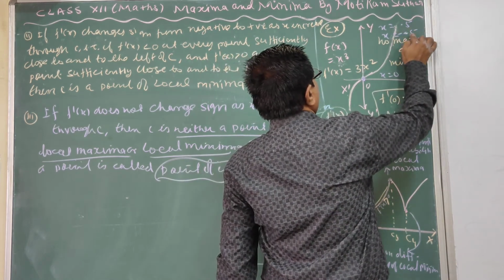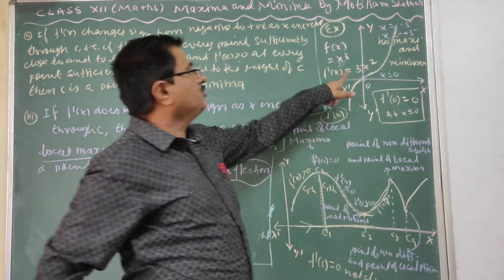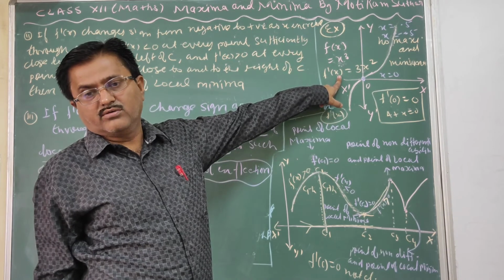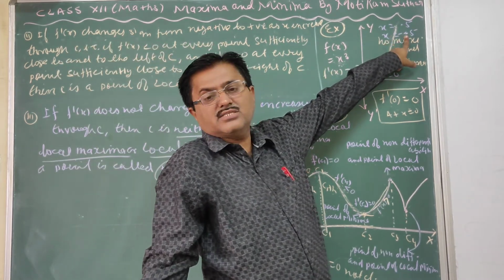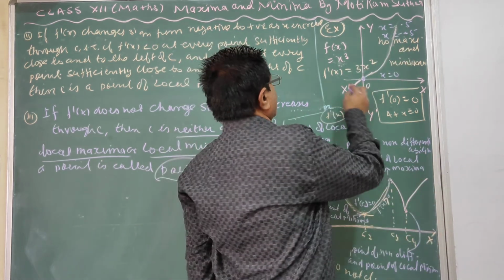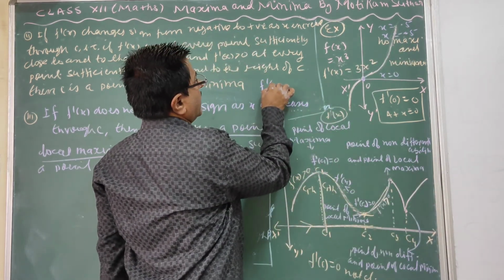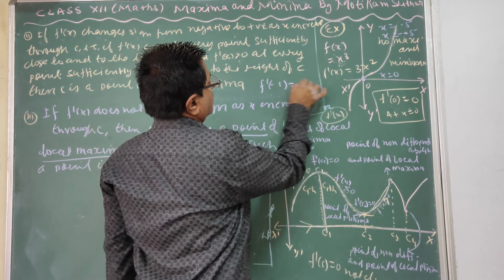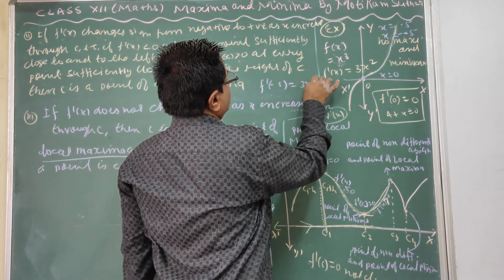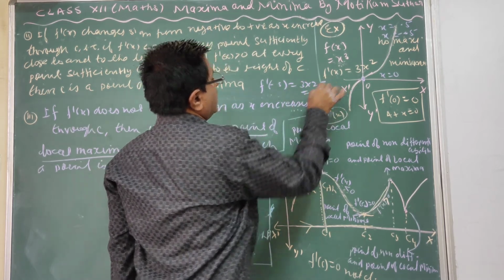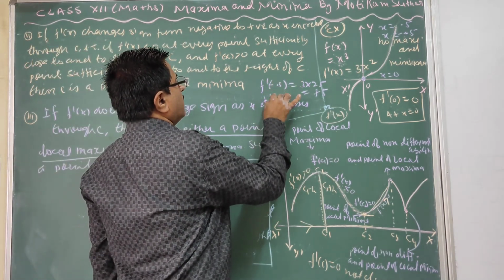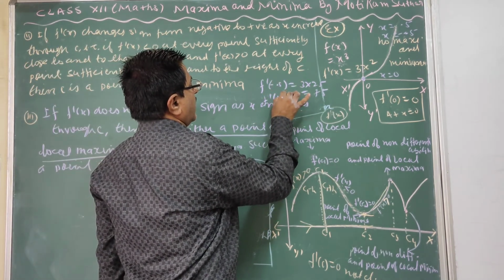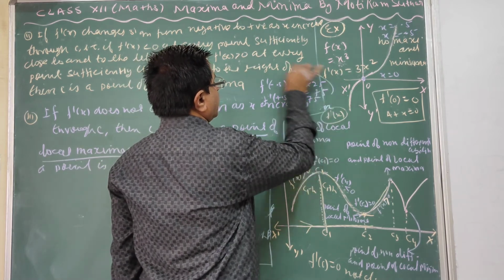Minus 0.5 to 0.5. Now if you put these values in the derivative, x equal to minus 0.5, then what will the derivative be? f dash minus 0.5, you multiply 3 into 0.25, that is 0.75. And if you put the value f dash plus 0.5, that is also 0.75.